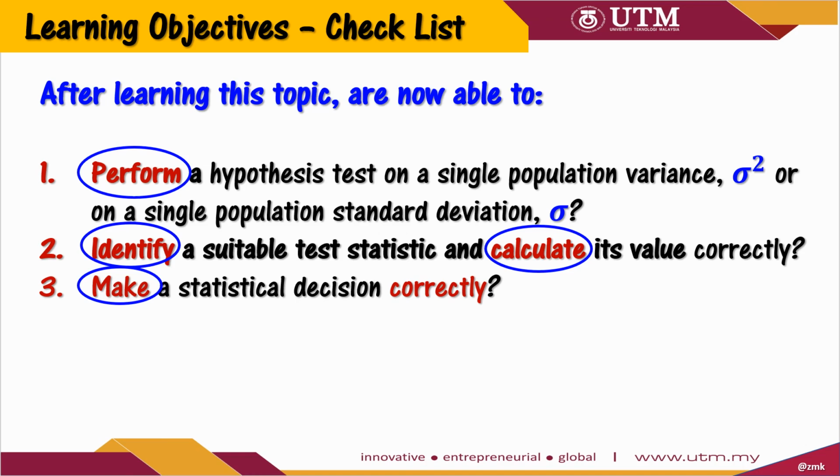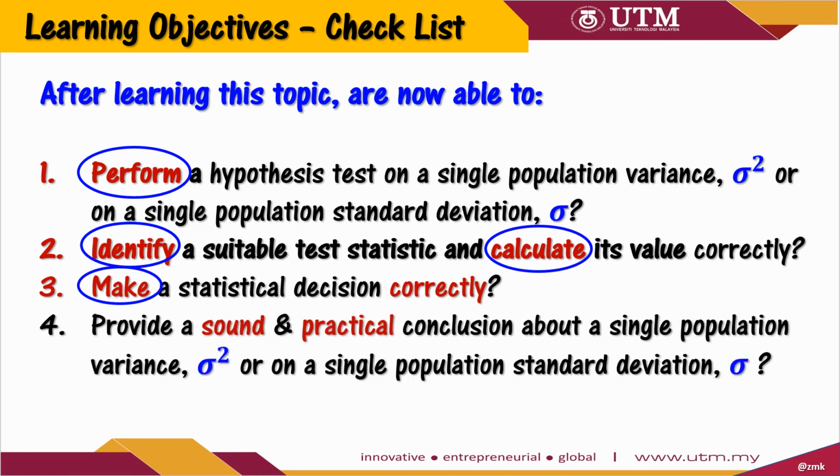By comparing the chosen and calculated test statistic value with the corresponding critical value, you should be able to make a correct decision on whether you should reject H0 or remain with H0, that is, do not or fail to reject H0.